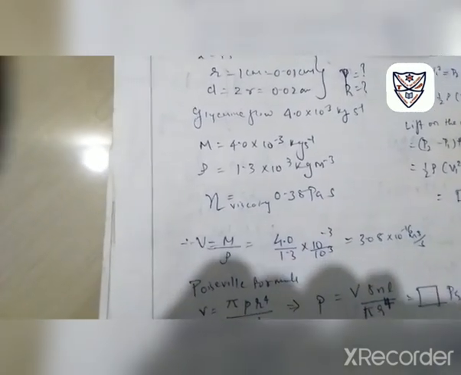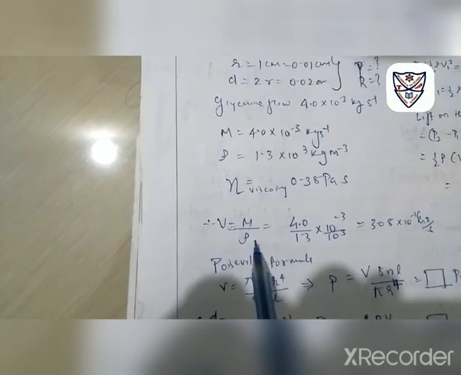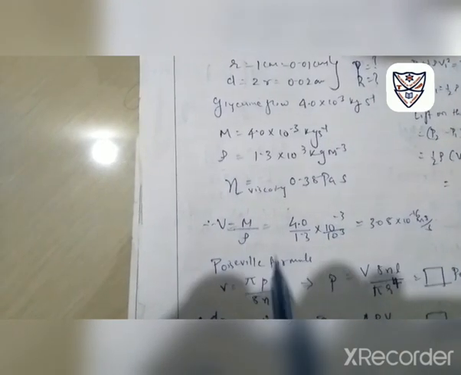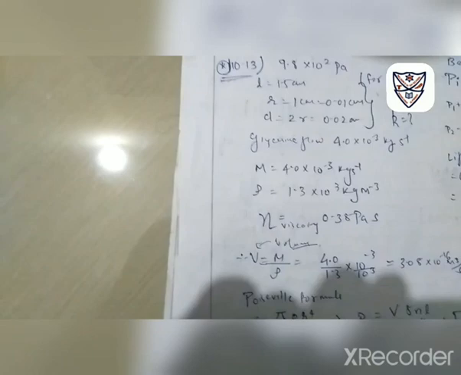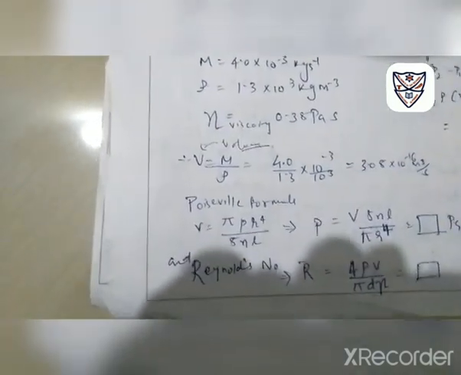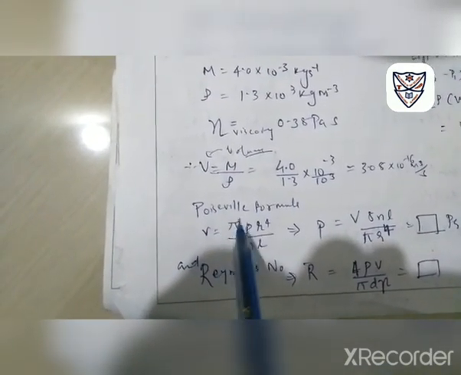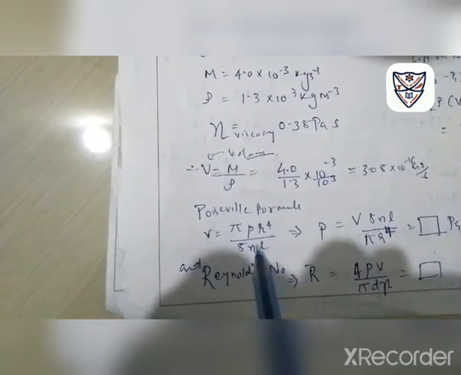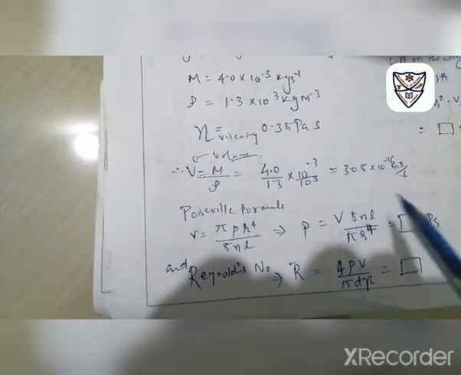So directly apply a simple formula: V is equal to M upon rho, that is volume is equal to mass upon density. You will get your volume. Now just use the given condition formula, V is equal to pi P r raised to 4 upon 8 n L. So just place all these values.